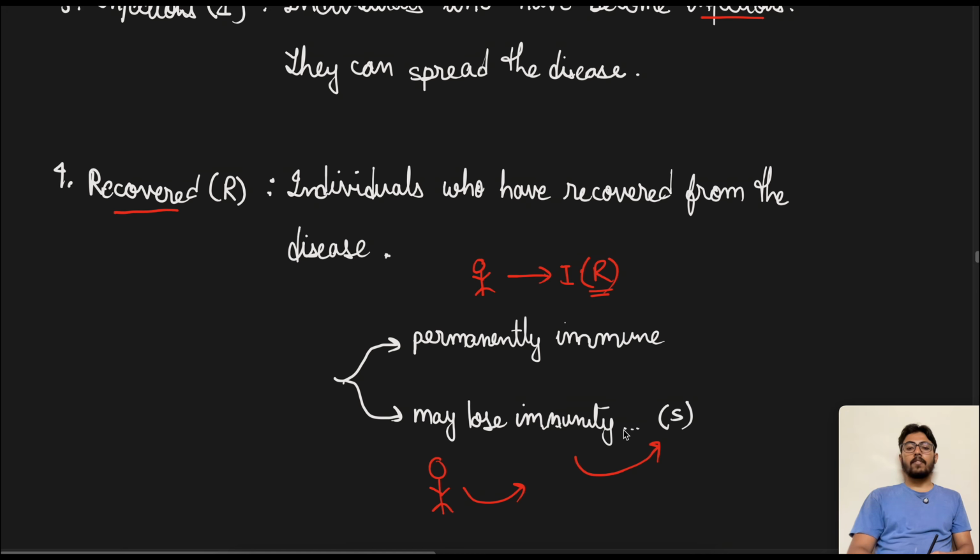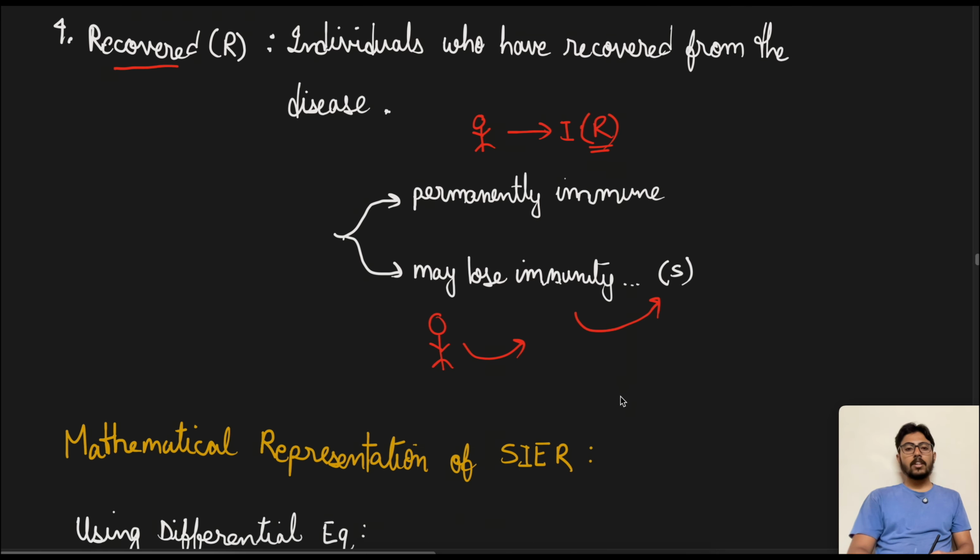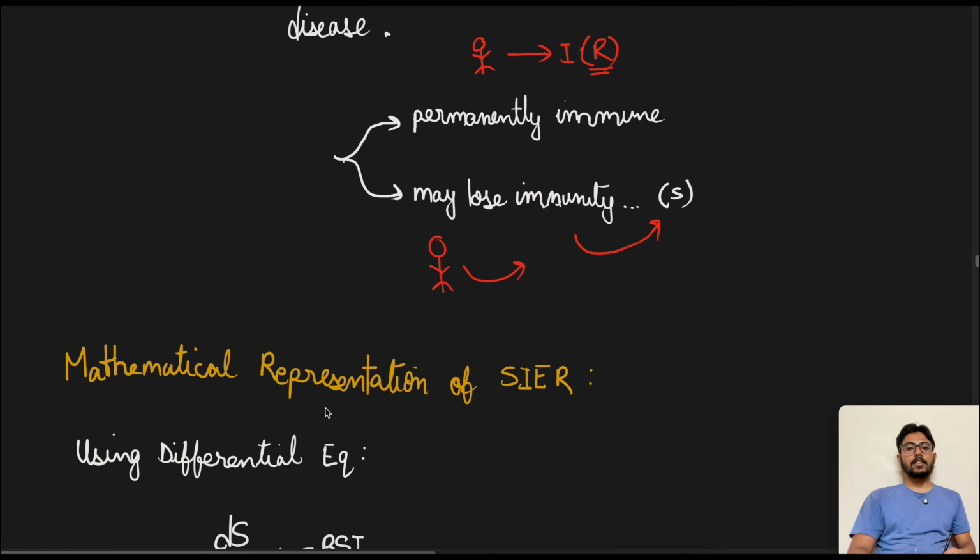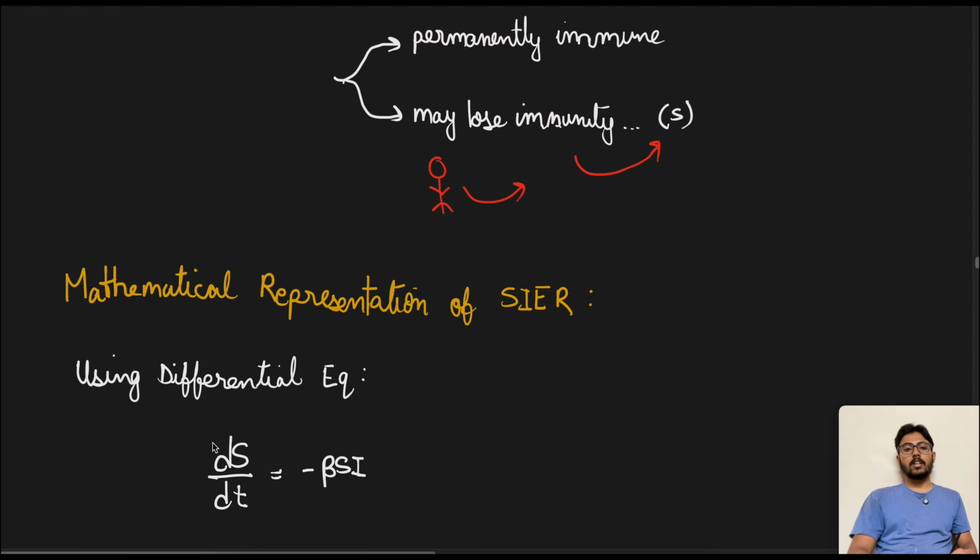We'll start to figure out the mathematical implications and equations that we can derive from this. The mathematical representation uses differential equations. First, the rate of growth of the susceptible population. Now this growth term can be either positive or negative.